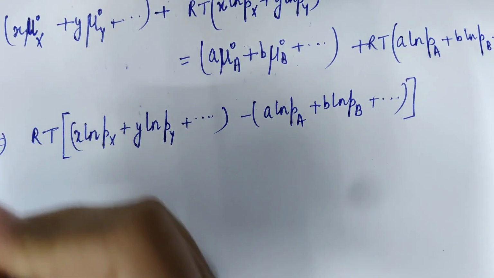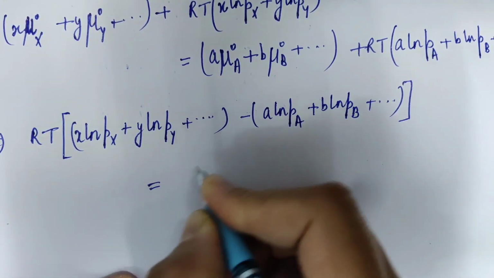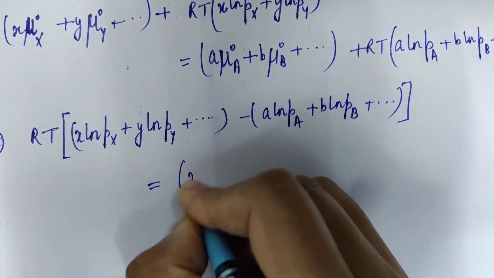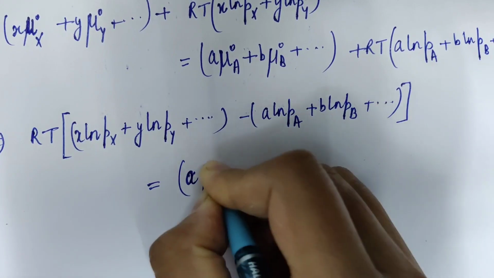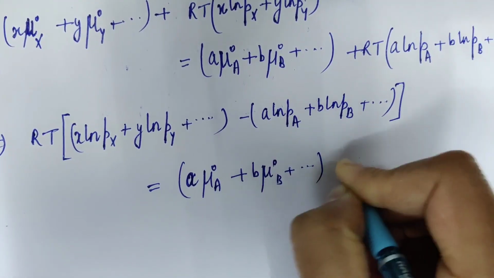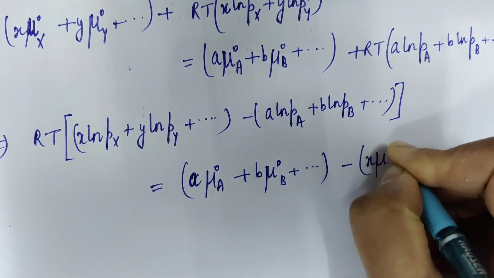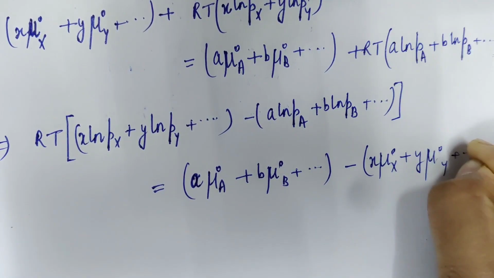This is the RT term taken on the left hand side. Now all the chemical potential terms I am taking on the right hand side. So a mu naught a plus b mu naught b plus so on minus x mu naught x plus y mu naught y plus so on.